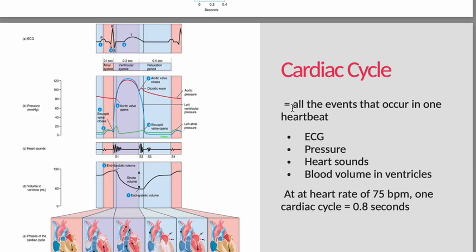I was trying to fit it all in one picture, at the same time as that ECG is occurring. So we can evaluate everything in the cardiac cycle, all of the factors that are occurring in one heartbeat.